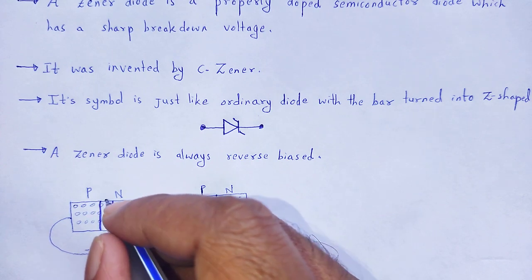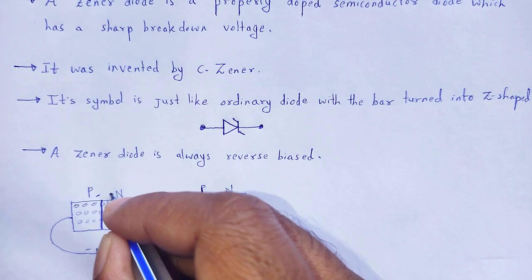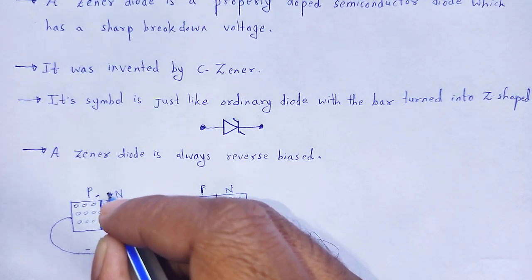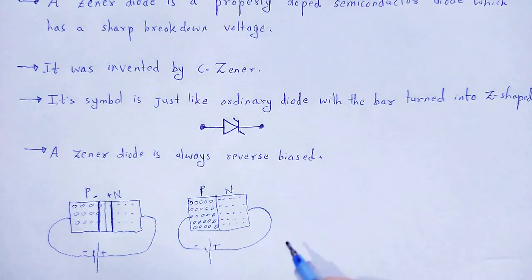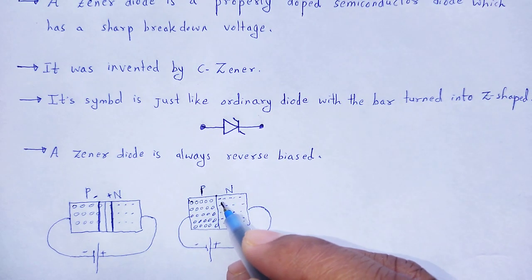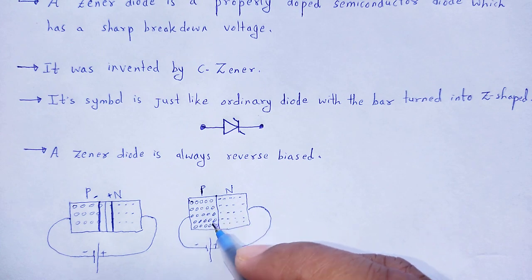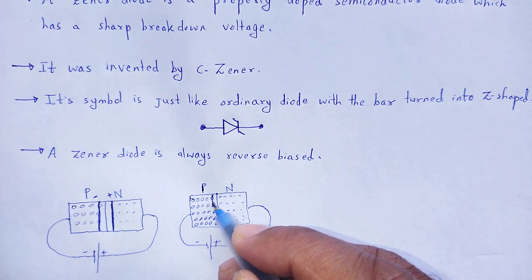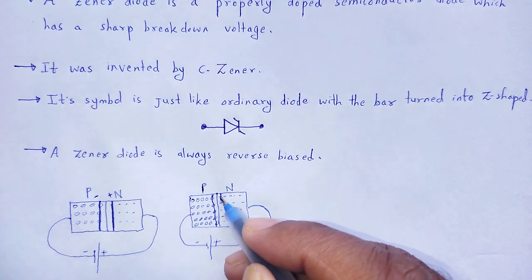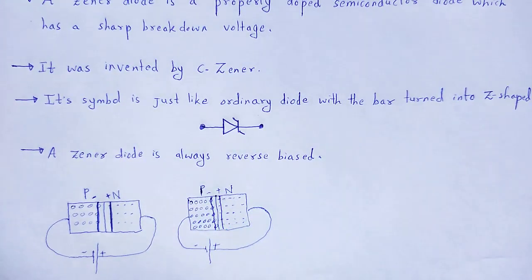A potential barrier develops, negative potential, positive potential, that is the barrier potential. Similarly, here also the electrons again fill the holes, and a potential barrier develops, negative potential, positive potential.